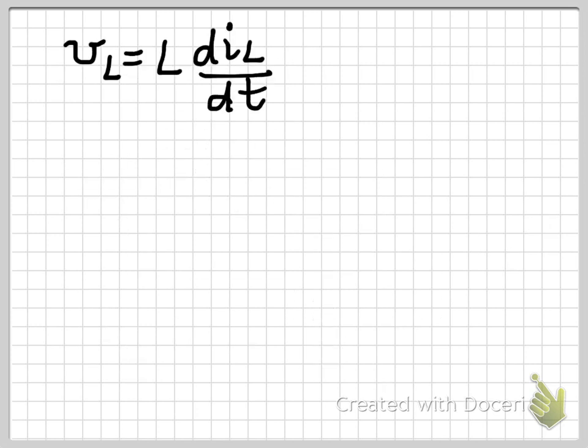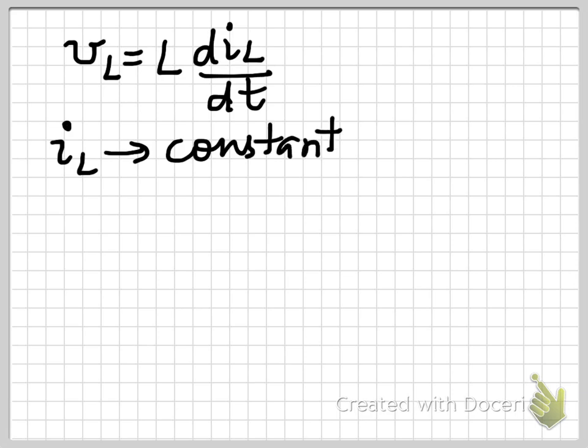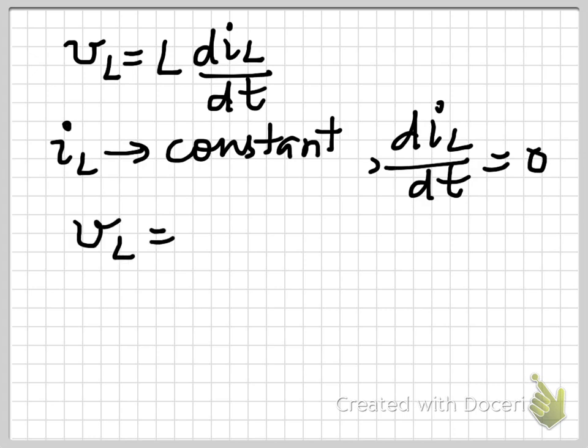With this equation, if IL is constant, with no change with respect to time, that leads to dIL over dt equals 0. That leads to VL equals 0.